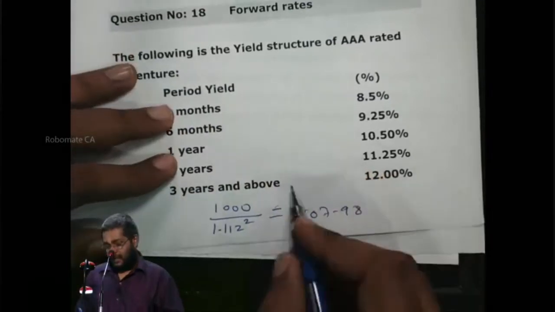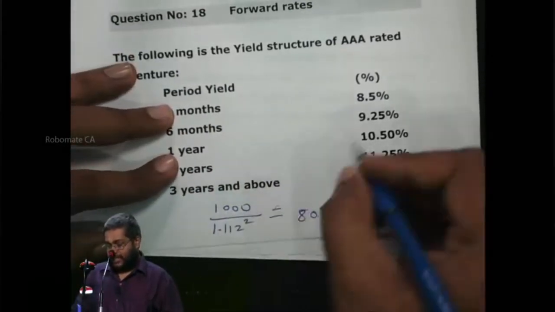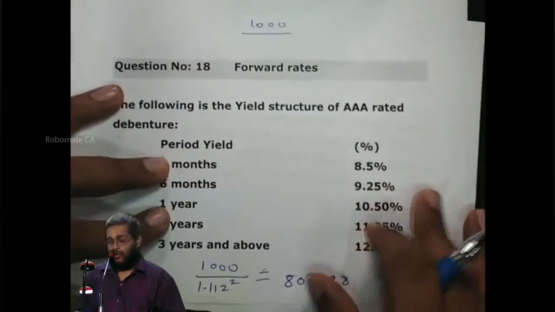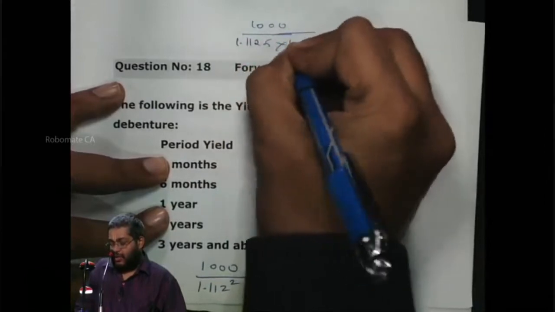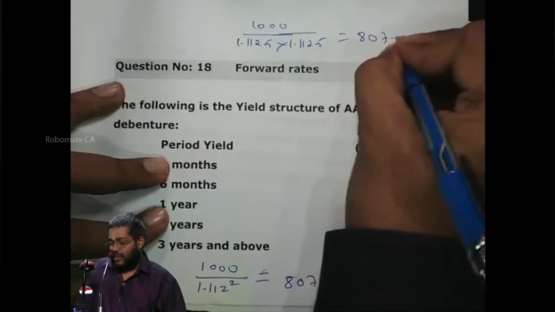Correct? In other words, what is this number? It is 1000 divided by 1.1125 into 1.1125, which also gives you 807.98.